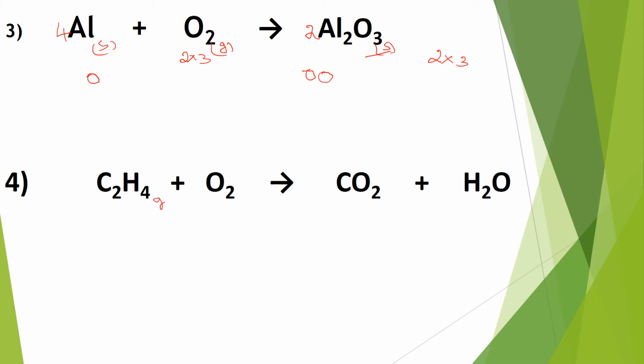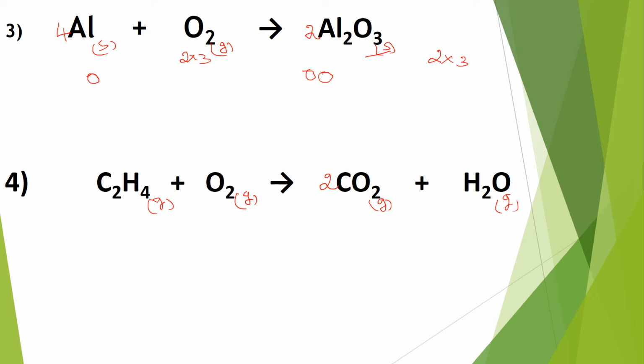So look at the ethylene gas. This is ethylene gas. It will burn in the presence of oxygen to form carbon dioxide, which is a gas, and water, again a gas. Now here look at the reactant side. Carbon is 2. So you have to write 2 in front of carbon dioxide. Now 2CO2.